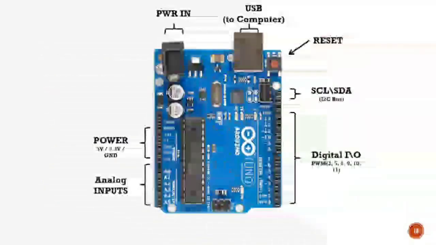In this figure it is showing the Arduino Uno board. It has a power input port and USB to computer, then the reset button, and the SCL and SDA pins, that is serial peripheral interface, and 14 digital IO pins along with 6 analog input pins. 6 of the digital pins are PWM, and we can manually power it by connecting jumper cables.